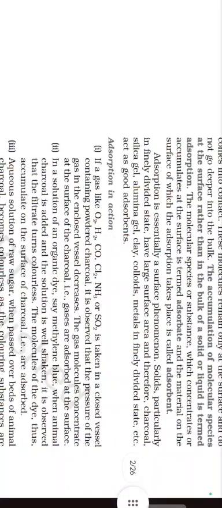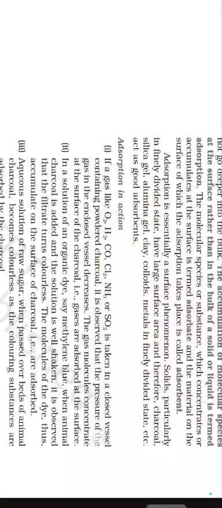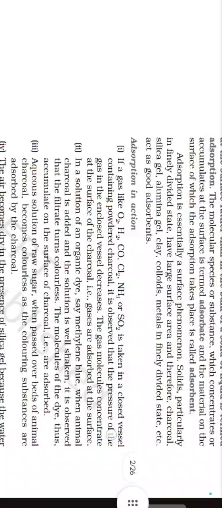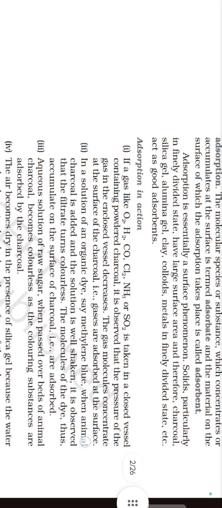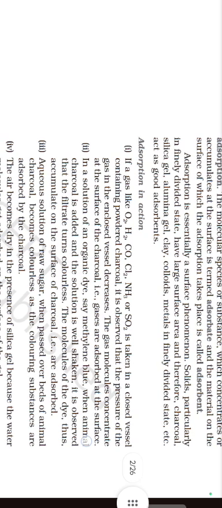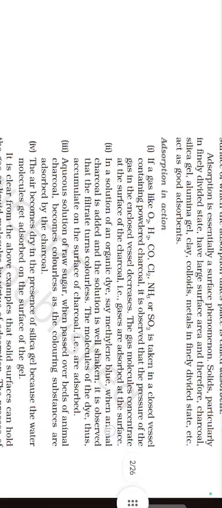The accumulation of molecular species at the surface rather than in the bulk of a solid or liquid is termed as adsorption. The molecular species or substance which concentrates or accumulates at the surface is termed adsorbate, and the material on the surface of which the adsorption takes place is called adsorbent. Adsorption is essentially a surface phenomenon.